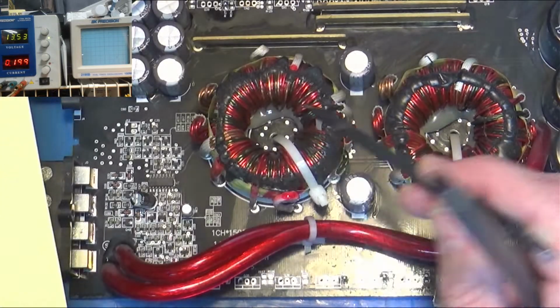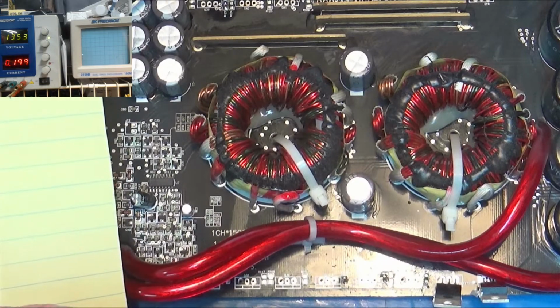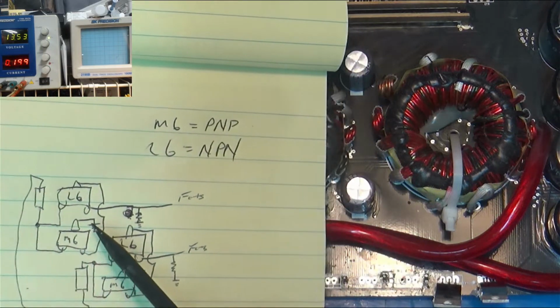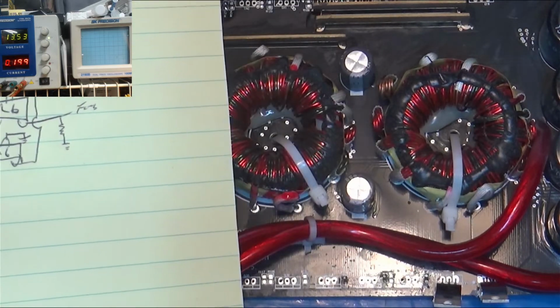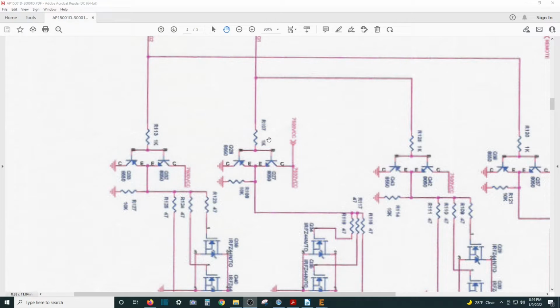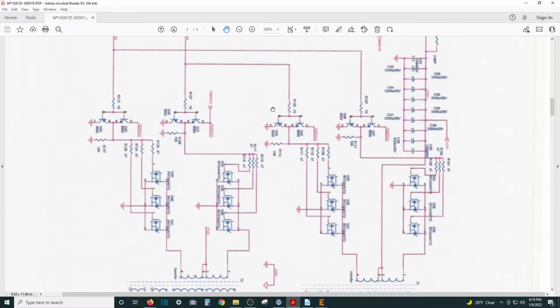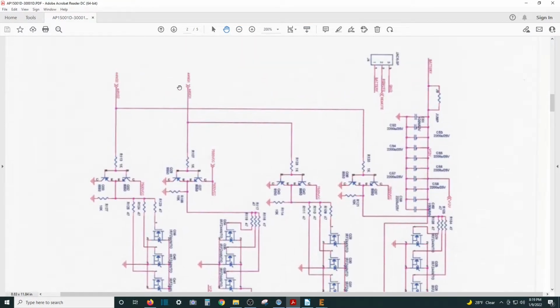So all in order. I got these transistors, and these are the 1K resistors. And those 1K resistors are leading in, and they come in from pins 9 and 10 of the TL494 through 1K resistors right there.